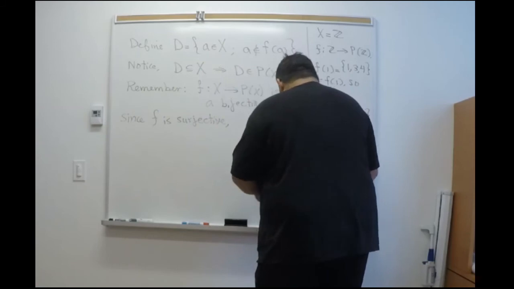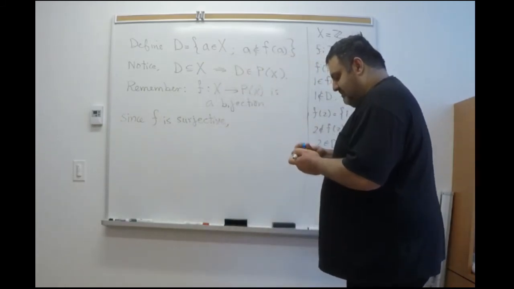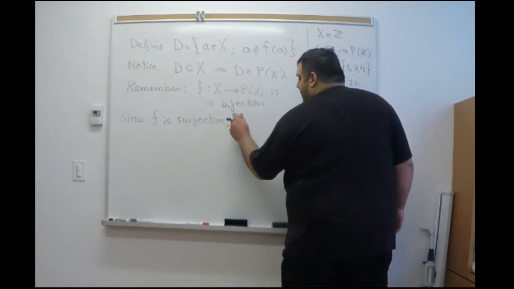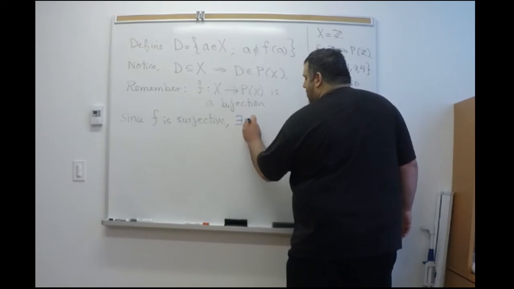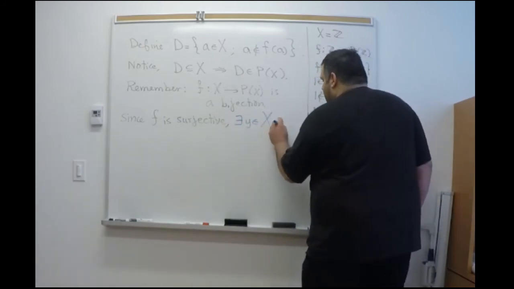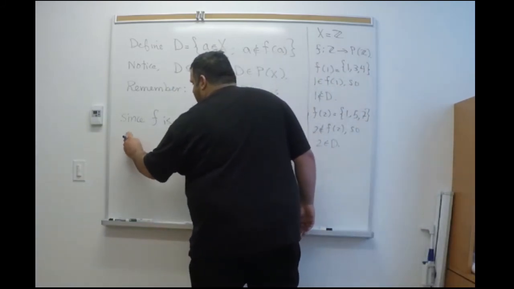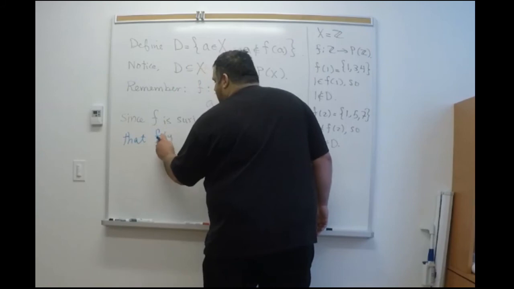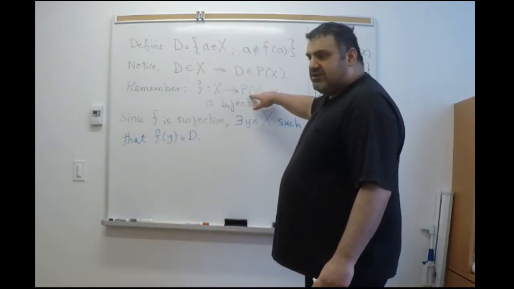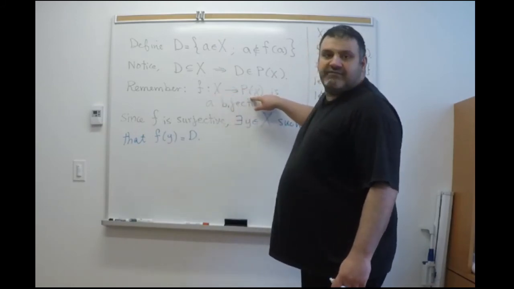I'm going to use a different color because I feel like this marker is losing its juice. Since f is surjective, there exists a y in the set X such that f of y equals D. So this is in here, D is in here, there must be an input in here going to D under f.